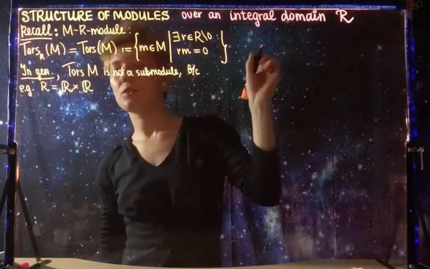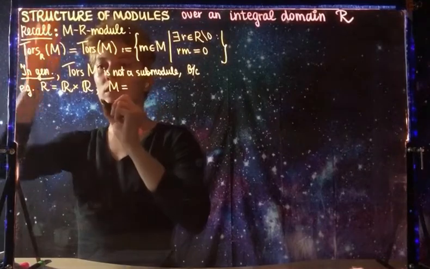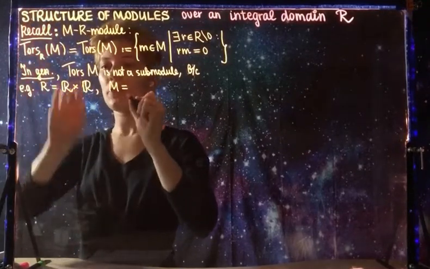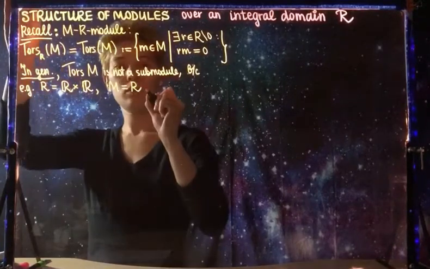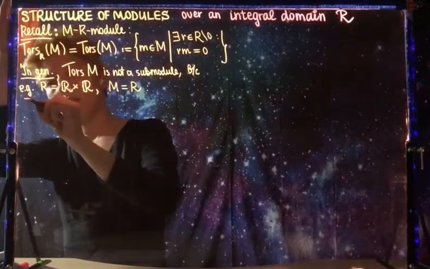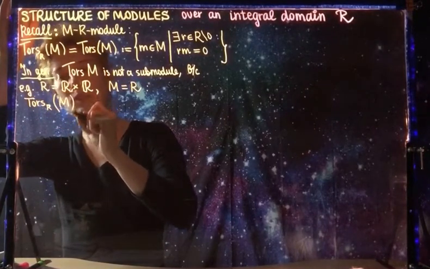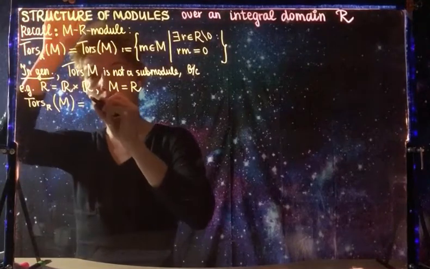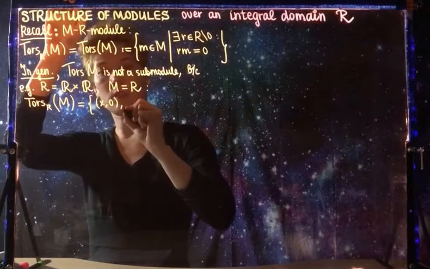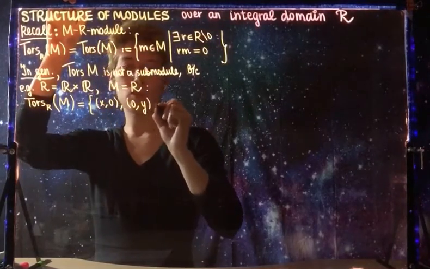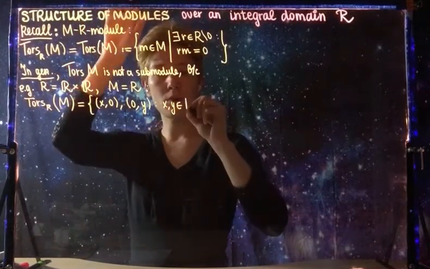It is not an integral domain, and the set of torsion elements in the free rank 1 module is not a submodule. So we have that Tors M is the set of elements (x, 0) or (0, y) over the reals, where x and y vary over the real numbers.